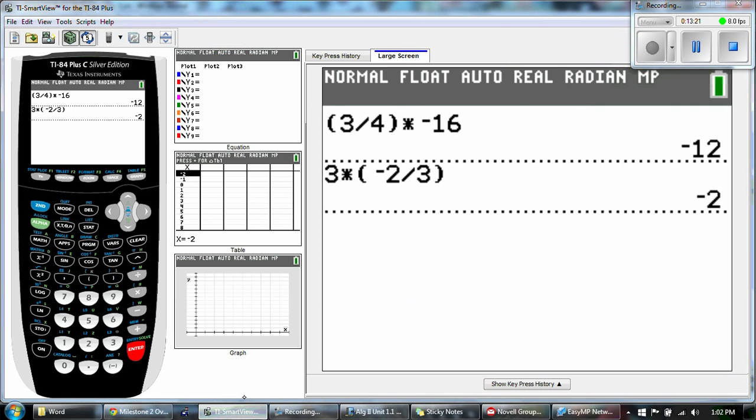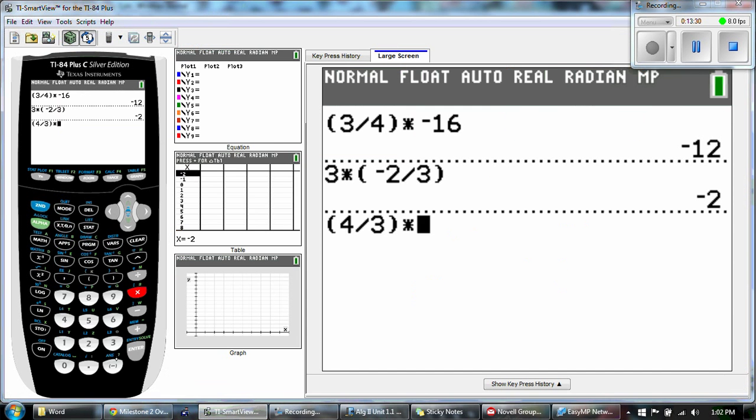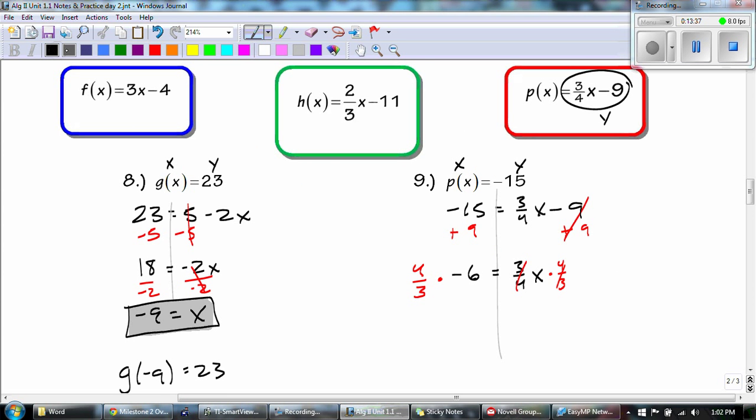So I'm doing 4 divided by 3 times negative 6, and we get negative 8. So negative 8 equals x. And if you want to write that in function notation, we would say p of negative 8 equals negative 15.